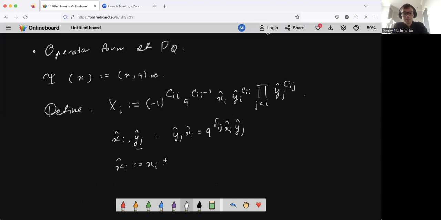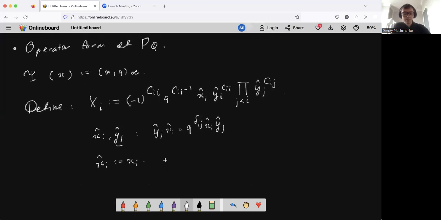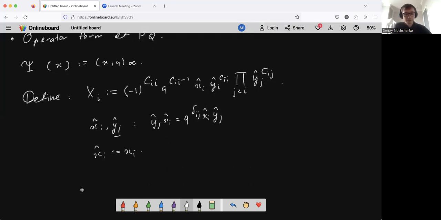And so now, how do you think about it? Let's fix some quiver. Let's say we have some data for a quiver, which is basically given by the adjacency matrix and the vector of variables, x1 to xm. This is our usual presentation for a quiver.